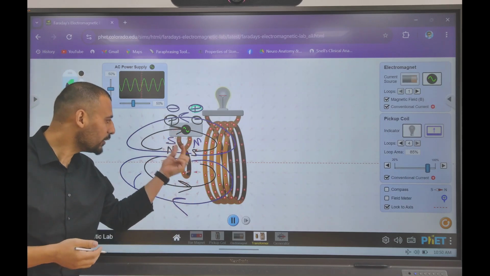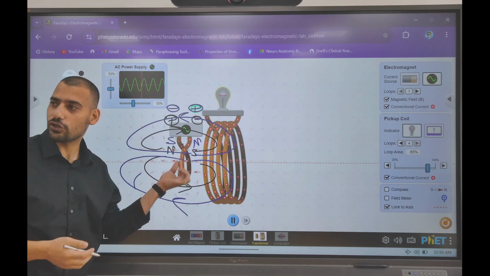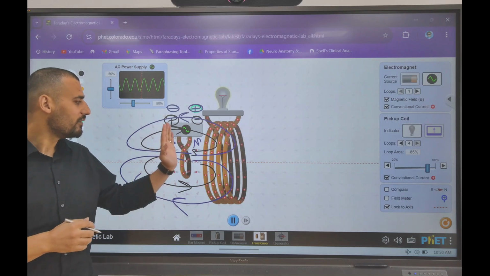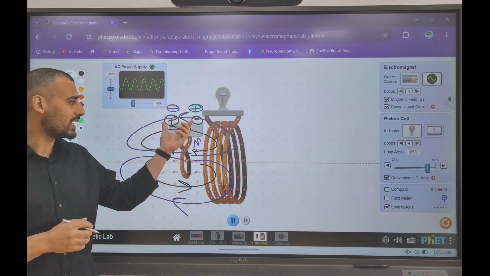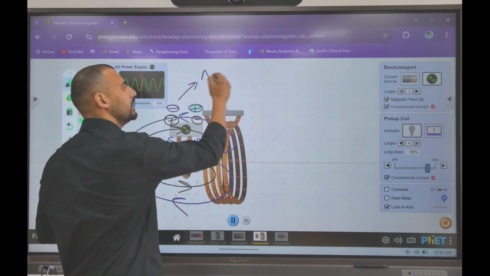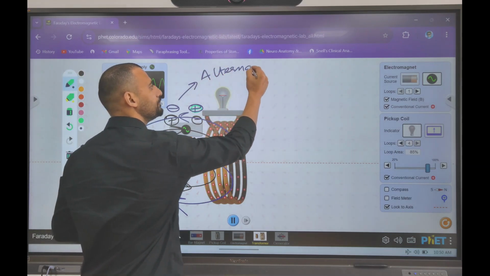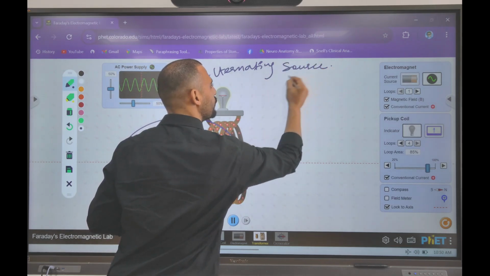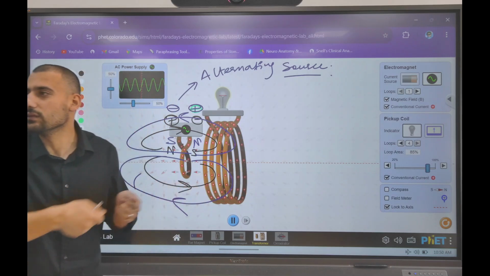Understood? Therefore, I do not need to change the position of this coil. This coil will be kept at a single place, but when it is at a single place and connected to an alternating source, I do not need to produce any physical motion.